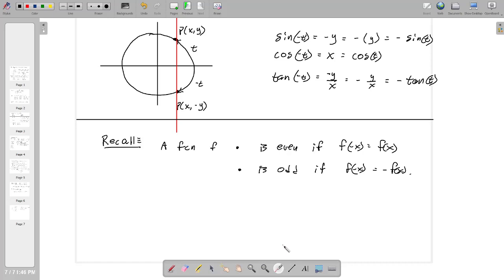So, which trig functions fit these properties? So if I plug in a value with a negative, that negative just gets absorbed in the function, meaning it just drops, it just goes away completely. This is an even function.